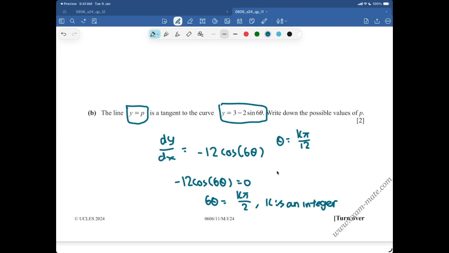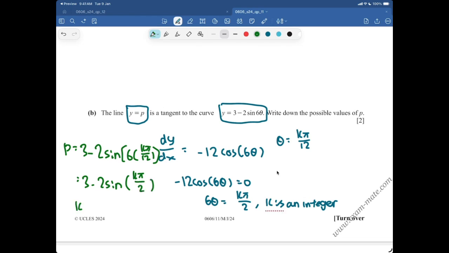So we can write down, so p will be equal to 3 minus 2 sine of 6 times k pi over 12, which is equal to 3 minus 2 sine of k pi over 2.